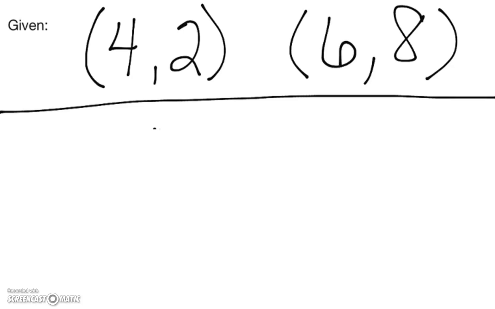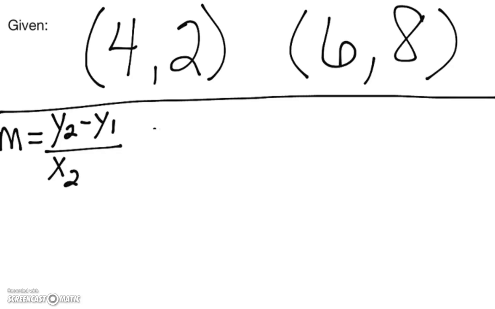Let's try another one. Oh no, on here we don't have our slope yet. So our first step on this problem has to be to find our slope. If you recall, our slope formula is y2 minus y1 over x2 minus x1. So we need to label our coordinates. So we have x1 and y1, x2 and y2.